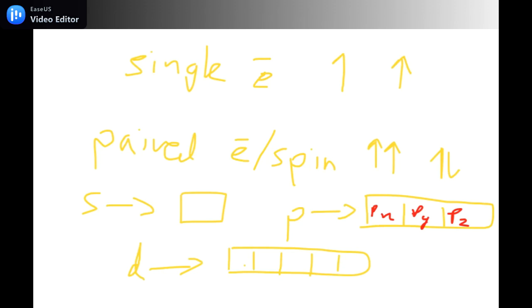So, for example, we'll take oxygen. Oxygen has atomic number 8, so 8 electrons. So it has configuration as 1s2, 2s2, 2p4.